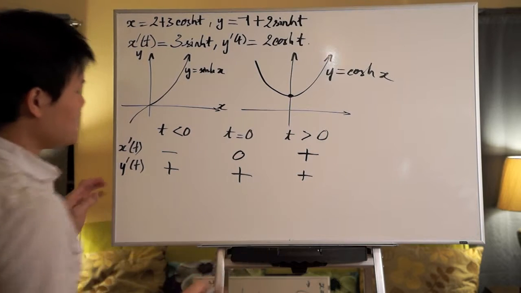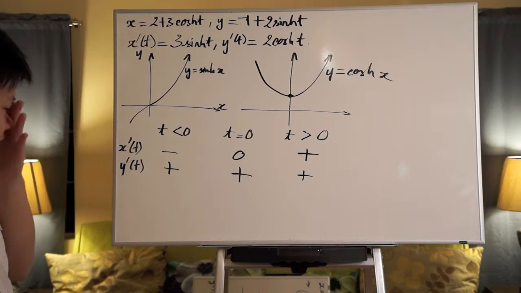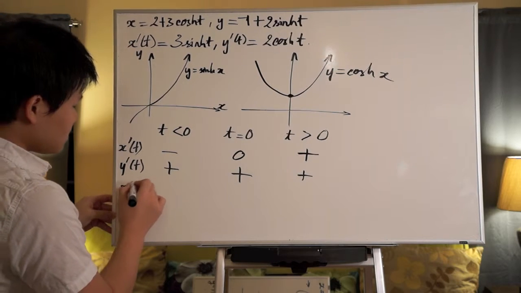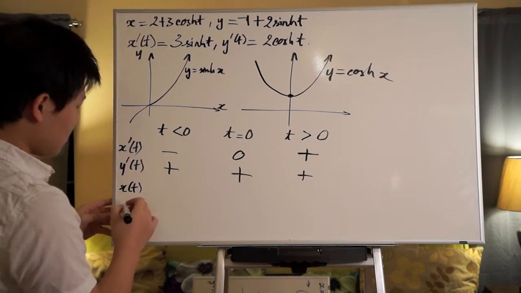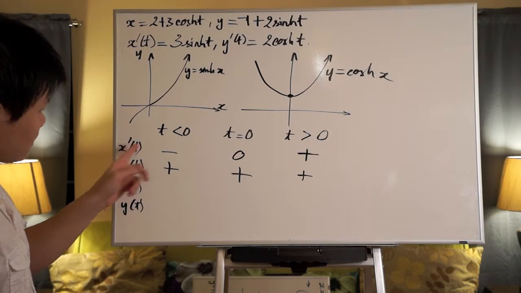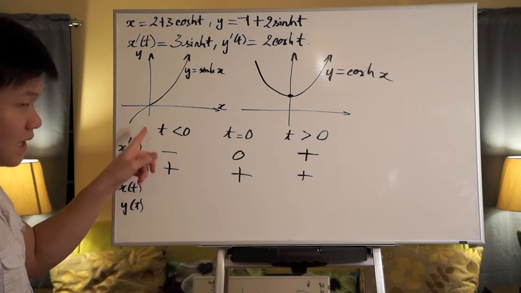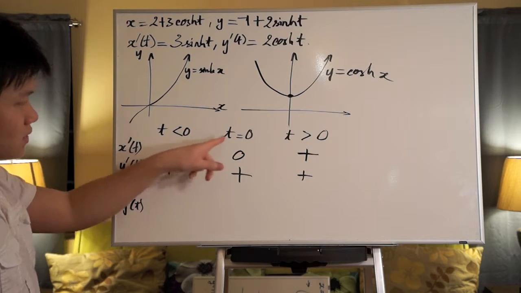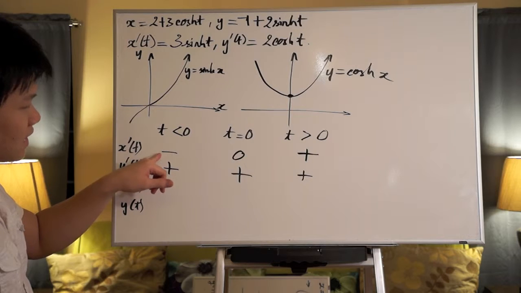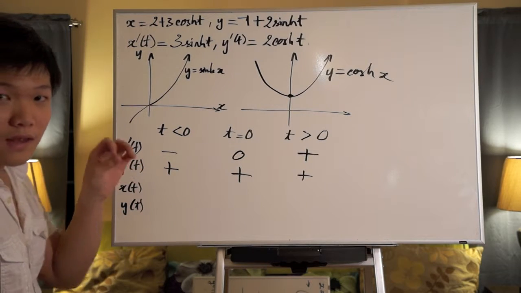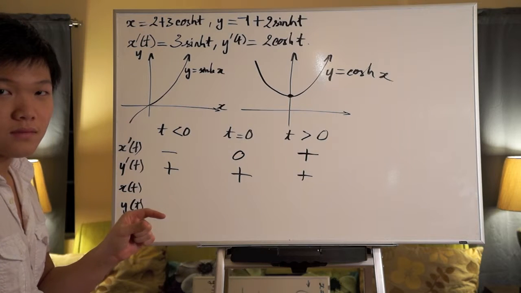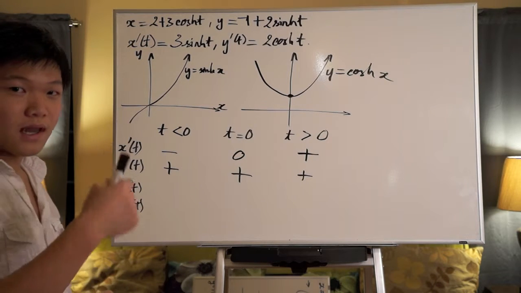All right. So what do these variations tell us? What does this progression tell us? Well, if we transfer back to x t and y t, for the interval from t infinitely negative to t approaching 0, x prime of t is minus, meaning that the horizontal value is decreasing, meaning x is going to the left.